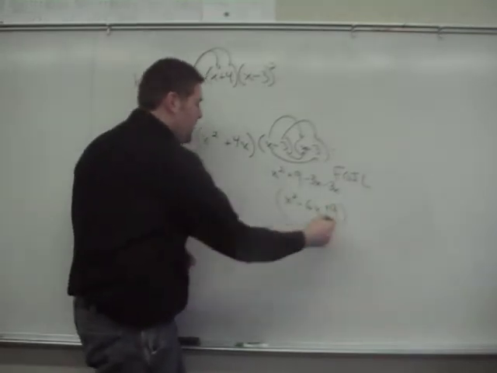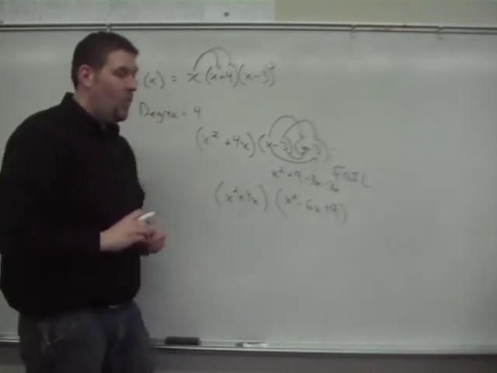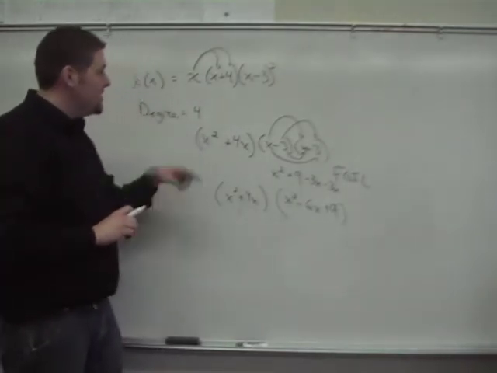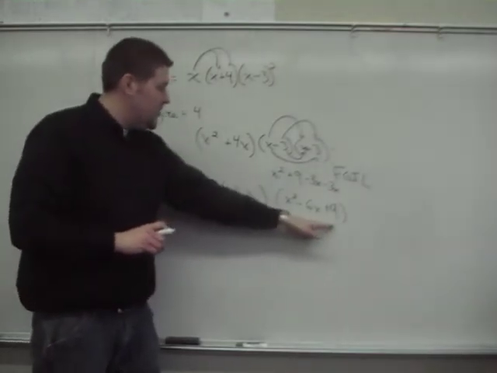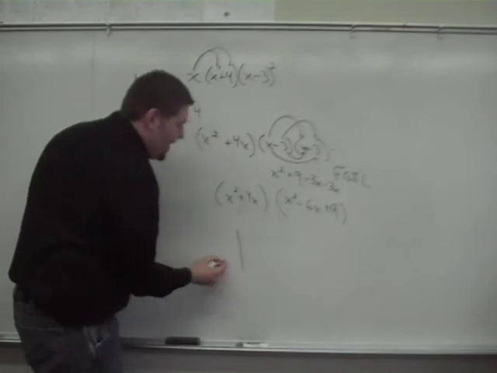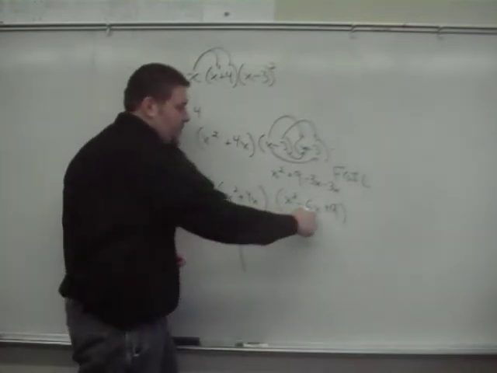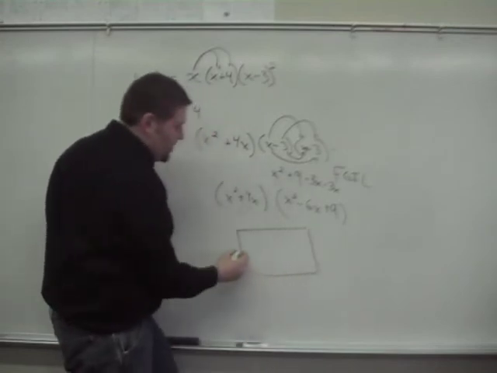Now this is being multiplied by x squared plus 4x. Alright, so I have one more expansion to do. We've seen the distributive property, we've seen a bit of FOIL, and now we're going to take a look at how we can use boxes to help us here. Here are 2 terms, so I'll make one side of my box 2 wide. Here are 3 terms, so I'm going to make this a 2 by 3 expression.